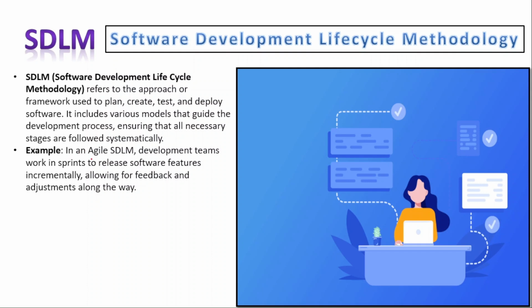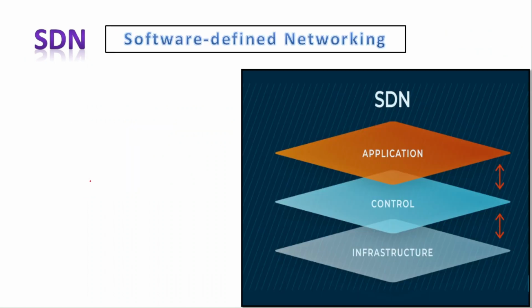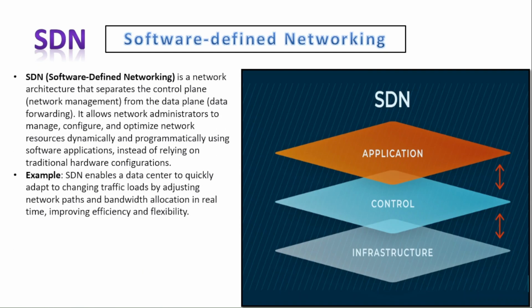Example, in an agile SDLM, development teams work in sprints to release software features incrementally, allowing for feedback and adjustments along the way.